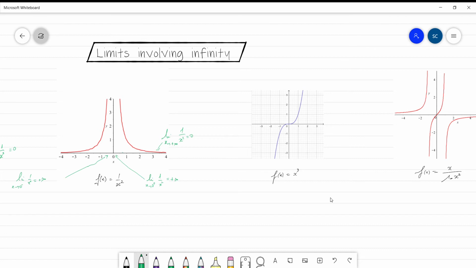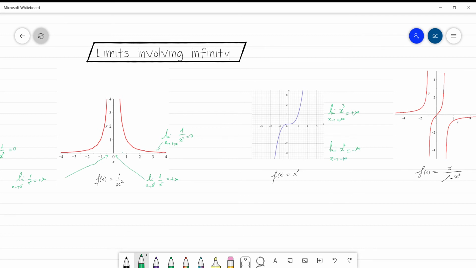Here we can describe that the limit of x³ is plus infinity as x approaches plus infinity, and the other behavior is that the limit of x³ equals minus infinity as x takes large negative values.